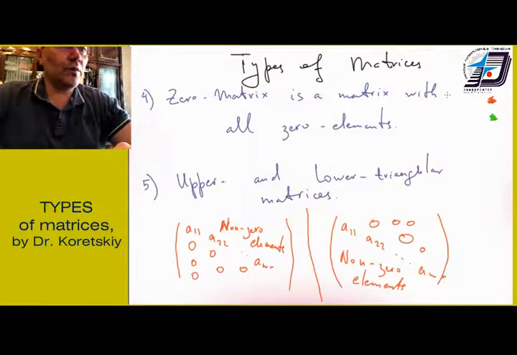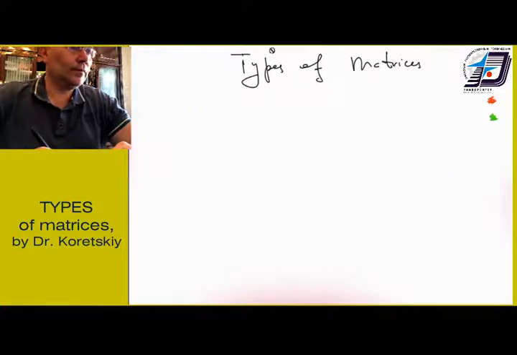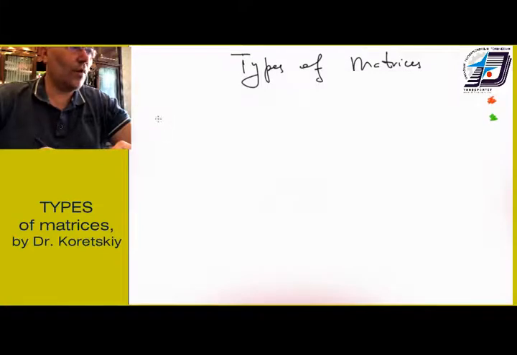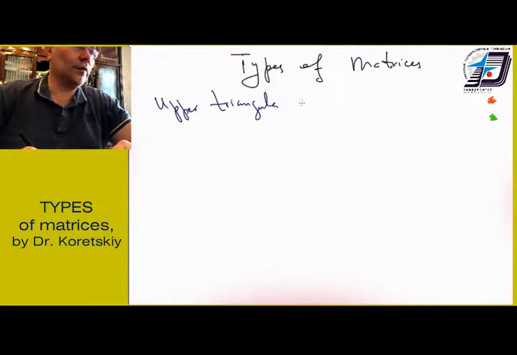So let's make some examples here. For example, upper triangular matrices: A equal 1, 2, 3, 0, 1, minus 1, 0, 0, 3.